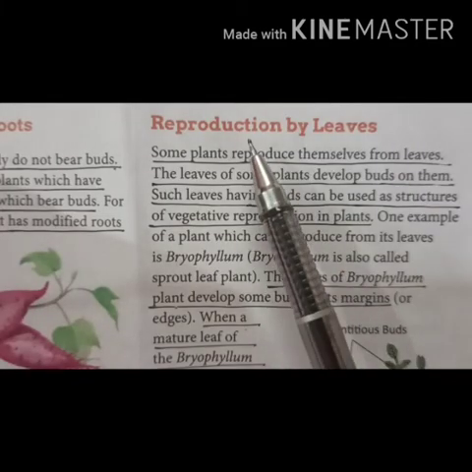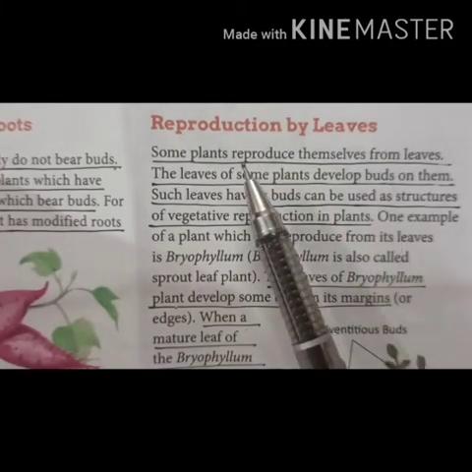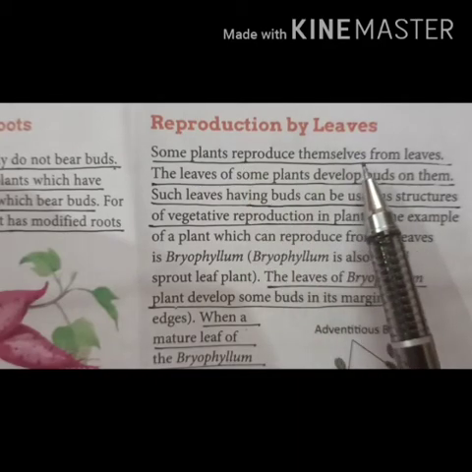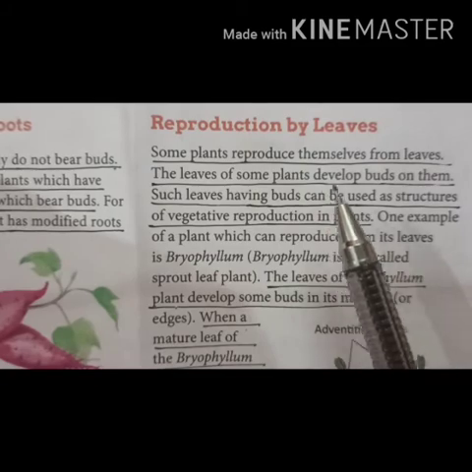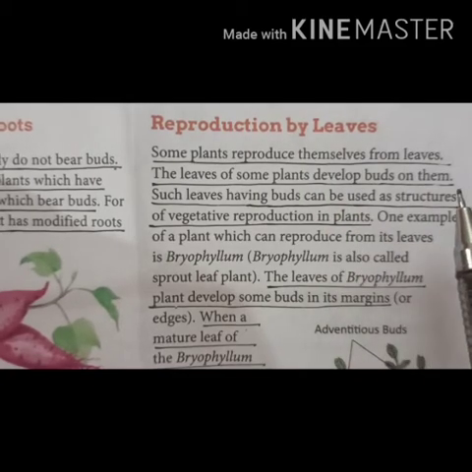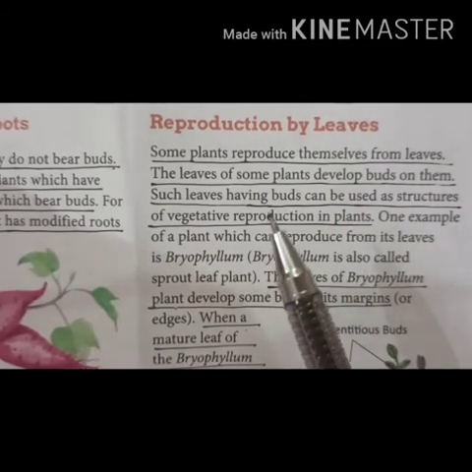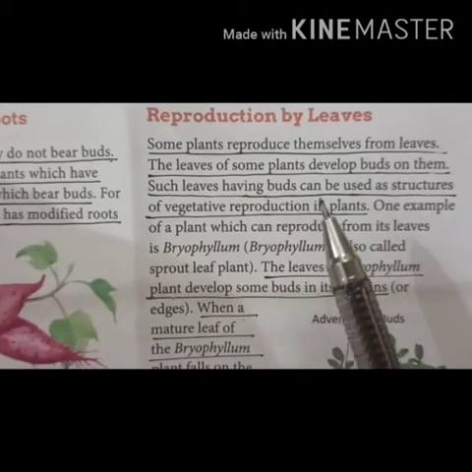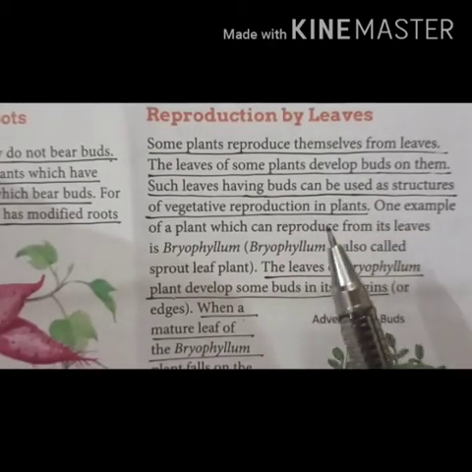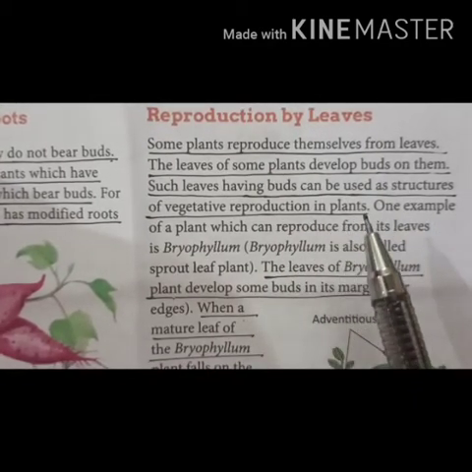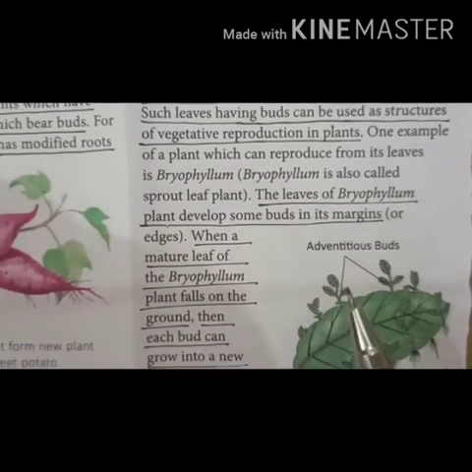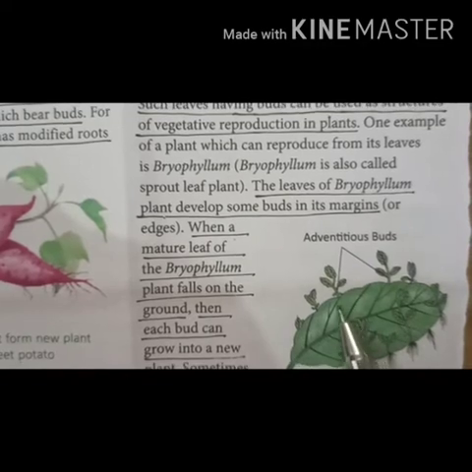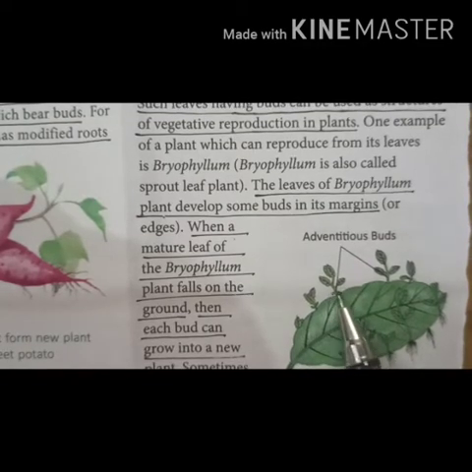Okay, now next is reproduction by leaves. Some plants reproduce themselves from leaves. The leaves of some plants develop buds on them. Such leaves having buds can be used as structures of vegetative reproduction in plants. For example, bryophyllum. The leaves of the bryophyllum plant develop buds in their margin.